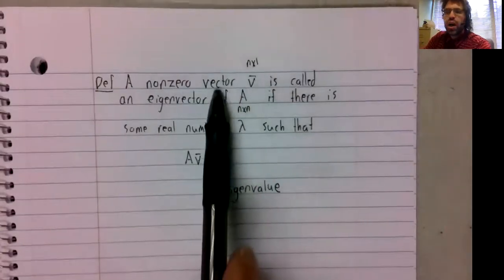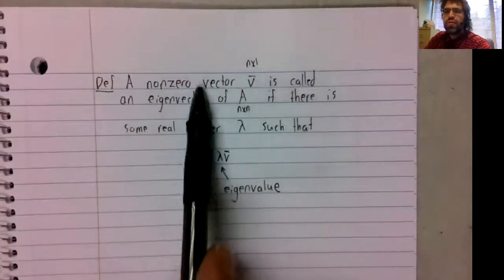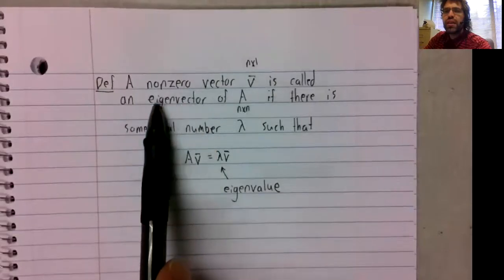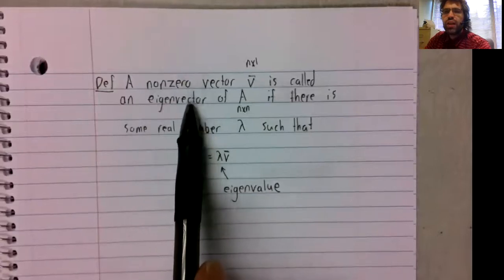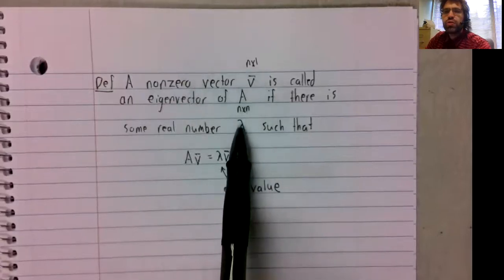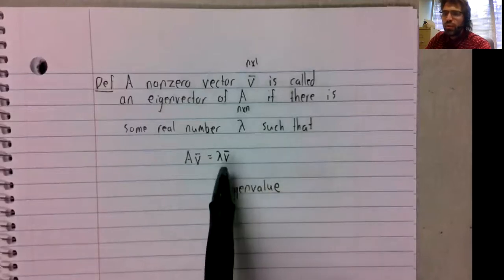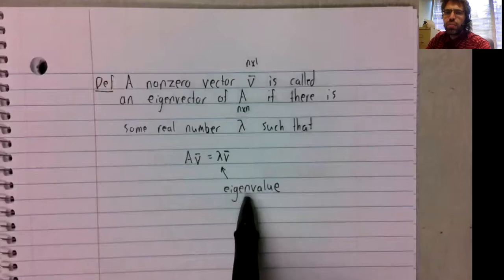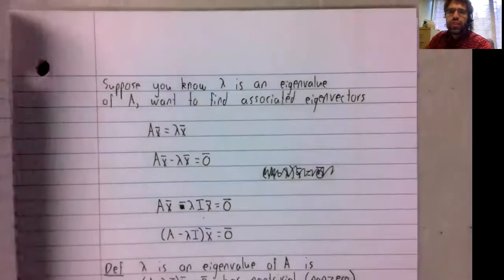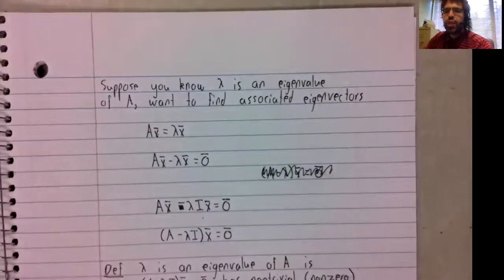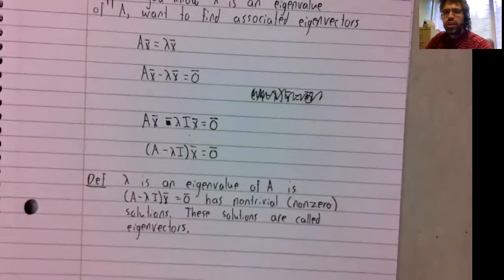Here we start by defining eigenvectors, and then our definition of eigenvectors includes some real numbers, and we give those real numbers a name. Here we come at it from the other direction.